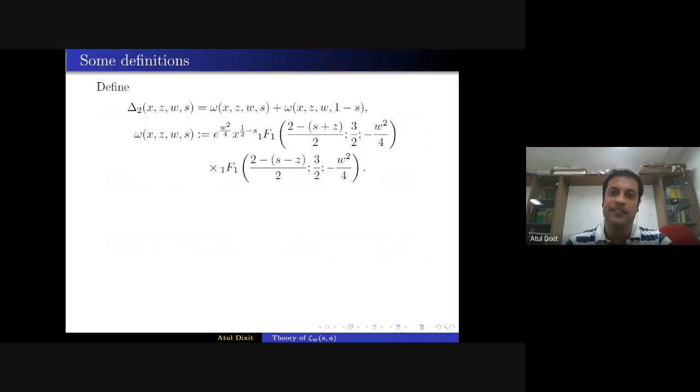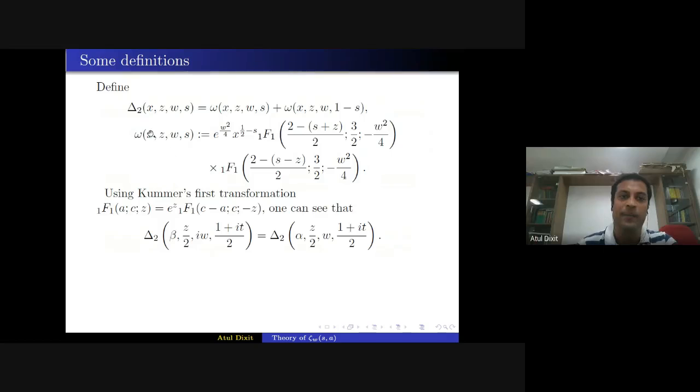Before I discuss that result, I would like to go over some definitions. You can choose to ignore these definitions for now. Basically, this delta 2 has a similar construction to what I showed you before in terms of rho, but now I'm having omegas. These omegas are defined in terms of products of confluent hypergeometric functions. And Kummer's transformation between 1F1s is used throughout this work.